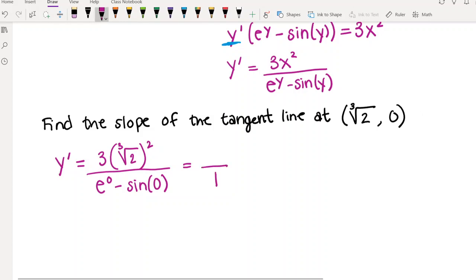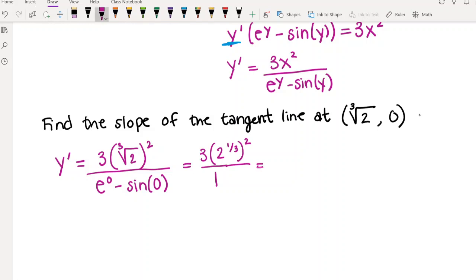And then the numerator, you could type this into a calculator to get an approximation, but if you wanted to write this a nicer way, let's write it as a fractional exponent. The cube root of 2 is the same as 2 to the 1/3, and then we're squaring that.